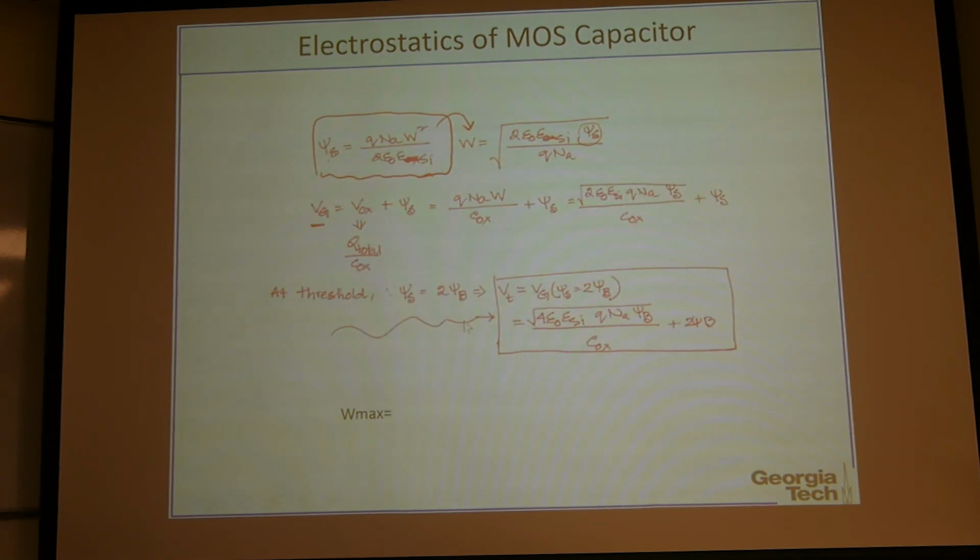So here the VOX is the total charge, which is QNAW, over the capacitance of the oxide, which is COX, and then plus phi s. So here we plug in the W to this equation. We get the W as a function of phi s. So we replace the W with the phi s, and you get this one.